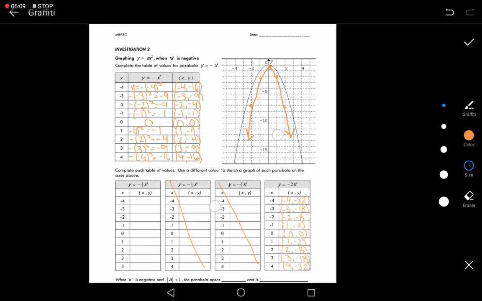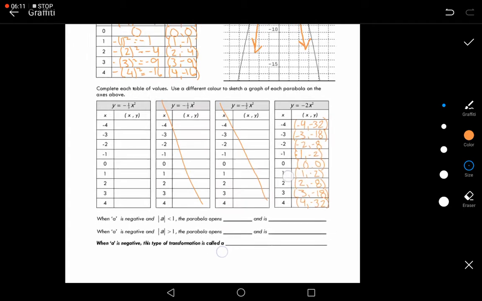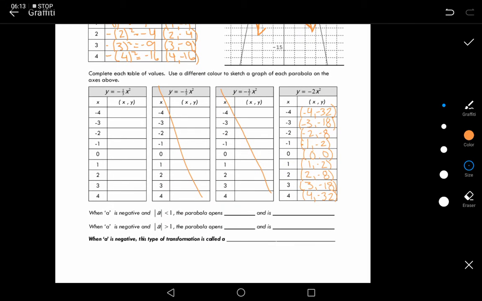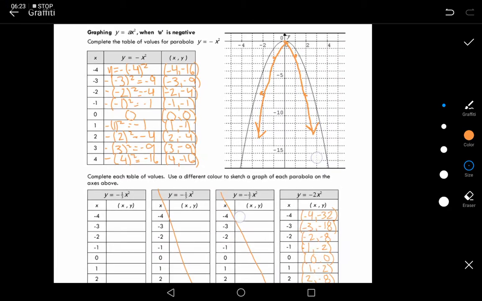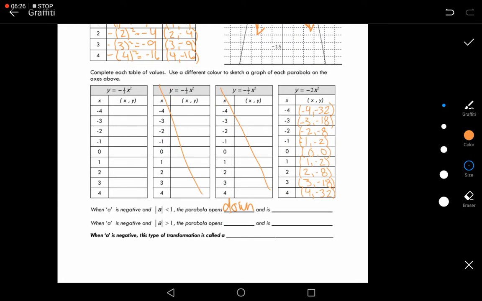Okay, so to summarize, when we're dealing with a as a negative number, if a is less than 1, our parabola is going to open down, which we can see with both of those, right? They open down, they're flipped over, and it's less than 1, so it is compressed.